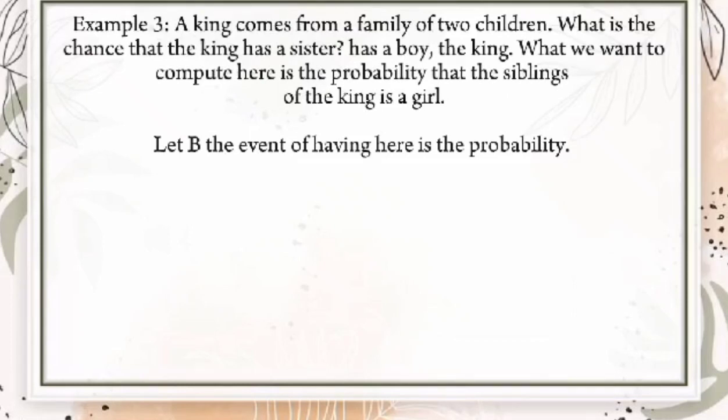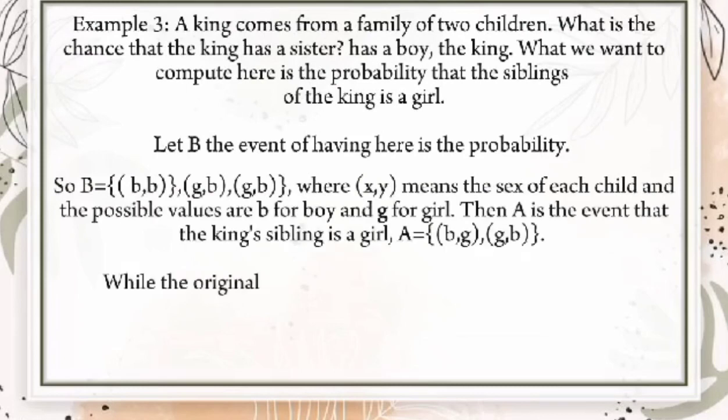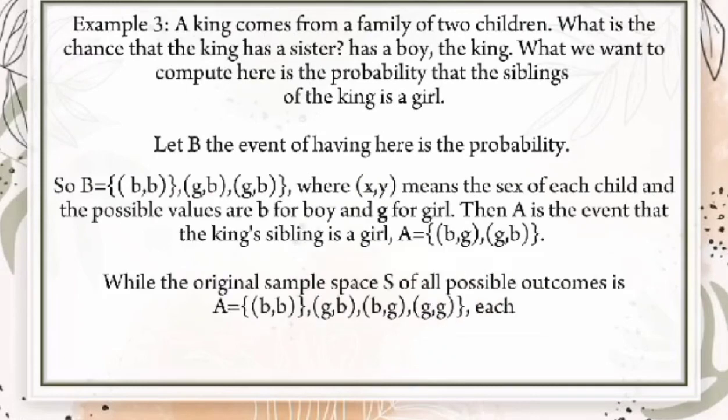Let B be the event of having at least one boy. So B equals {(B and B), (B and G), (G and B)}, where (X and Y) means the sex of each child, and the possible values are B for boy and G for girl.